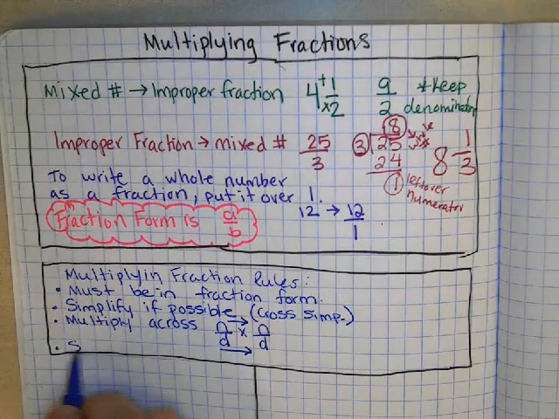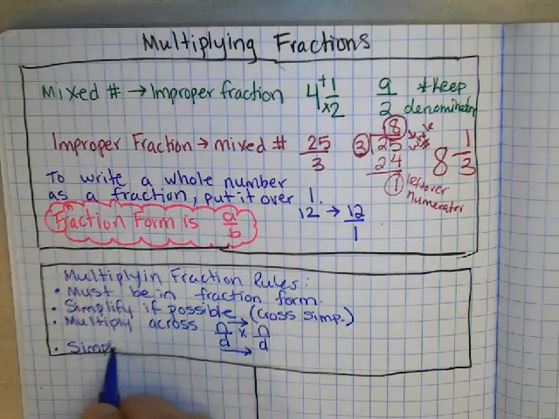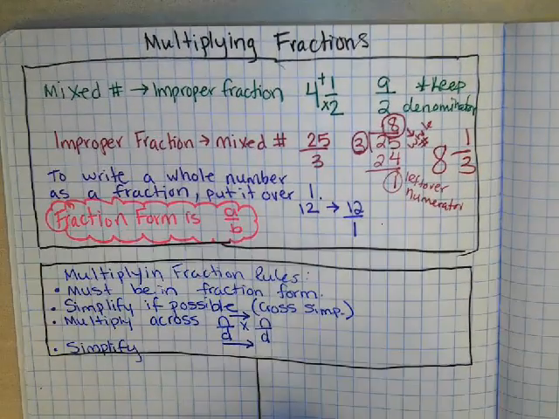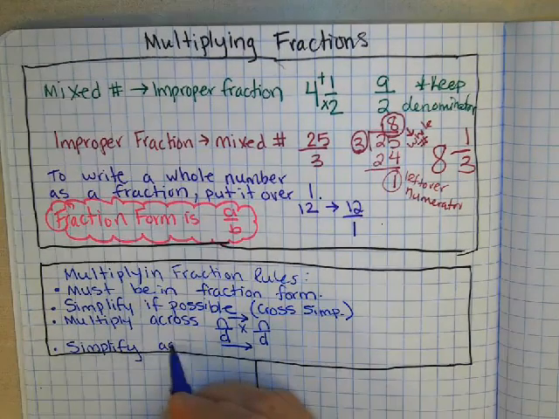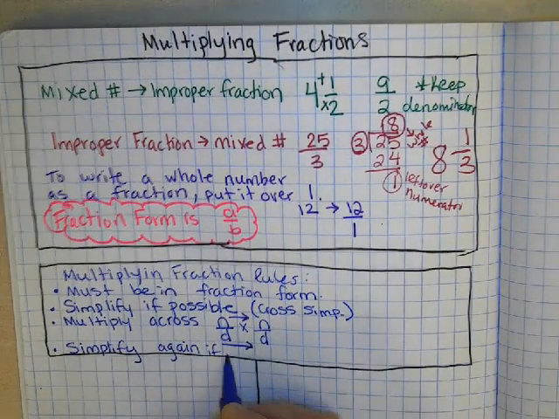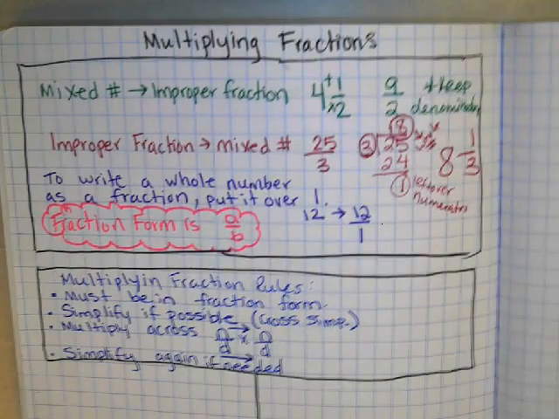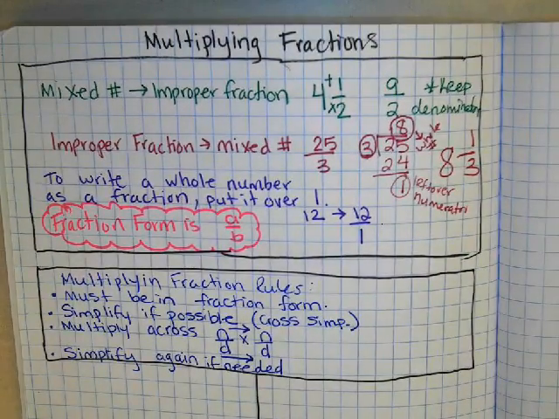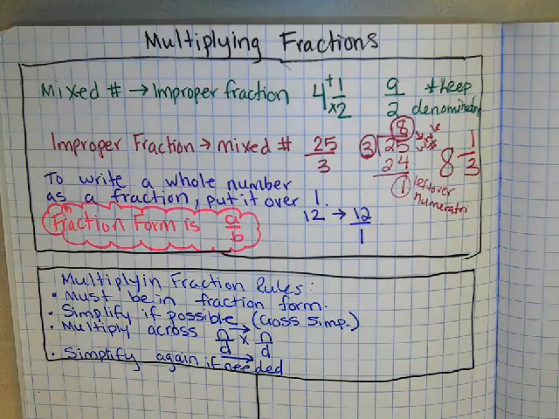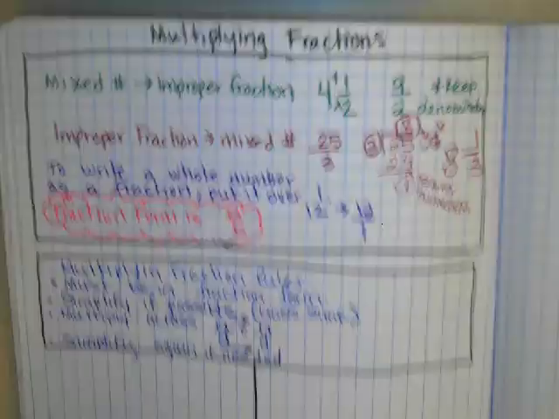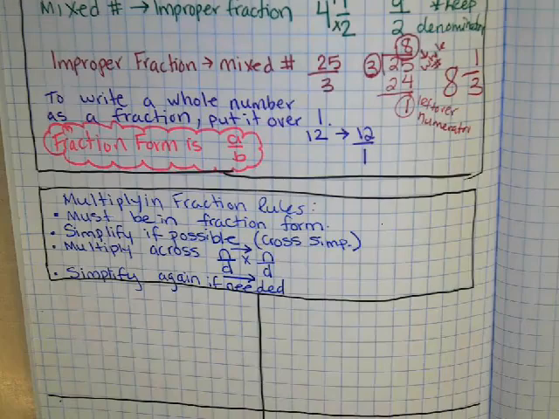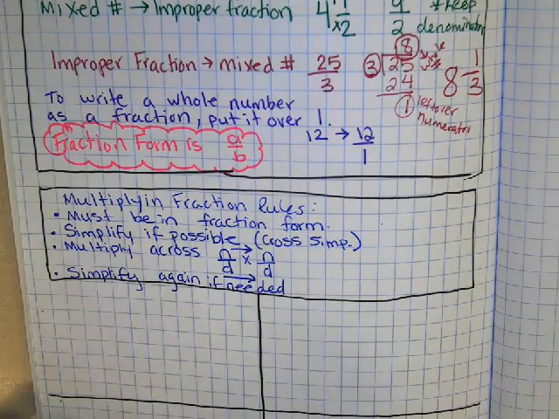And then you're going to double check to make sure if you need to simplify, simplify again if needed. That is our rules for multiplication. So now we're going to try an example together following those rules. If you're still writing your rules, don't forget you can hit that pause screen.